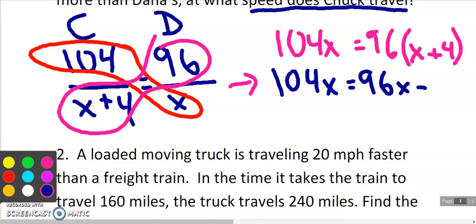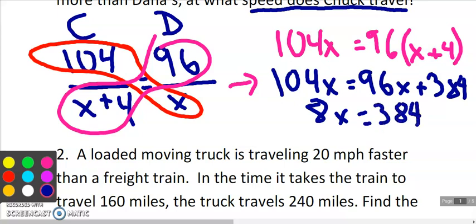And we know that 96 times 4 is 384. Subtract our x's to combine like terms. And then divide. All right, so we've solved for x.